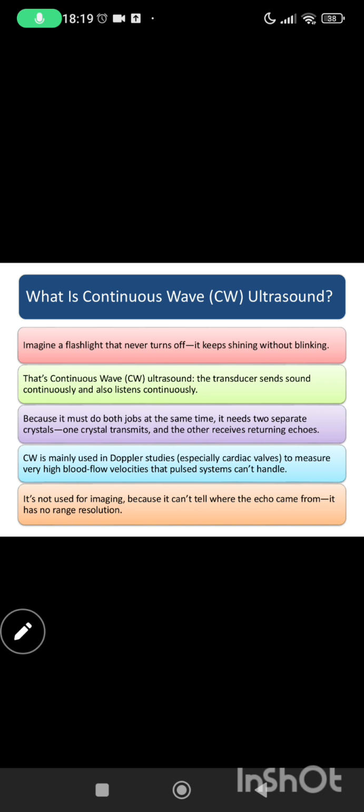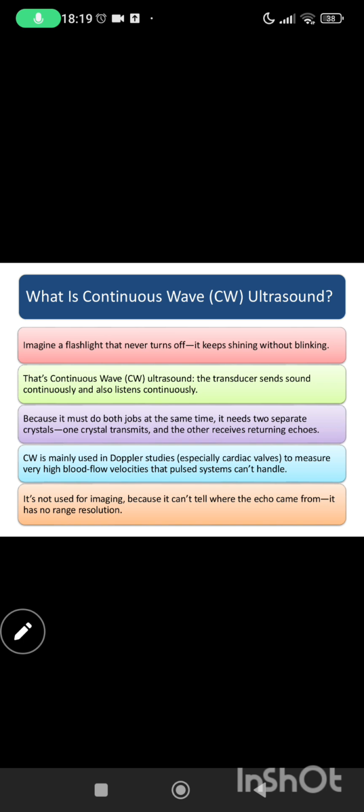Because it's always listening along the entire path, it covers the full path. It does not know where the sound is actually coming from. So is the range resolution of CW Doppler good or bad? Bad. It can tell you how fast the blood is moving, but not at which depth that flow exists. That's known as having no range resolution.